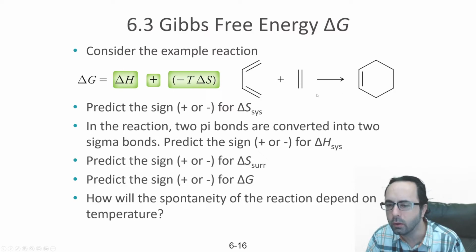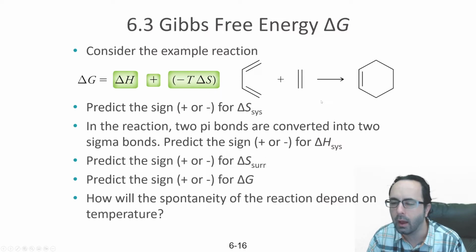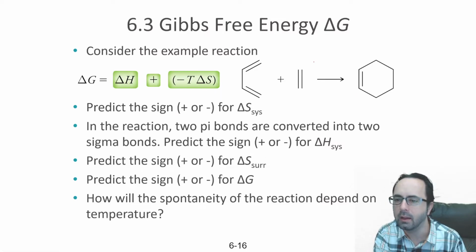Since bonds were created, and except for this pi bond here, which is a weak bond, we're going to have a negative delta H reaction. So this delta H here is negative.